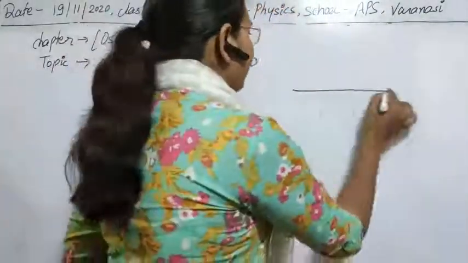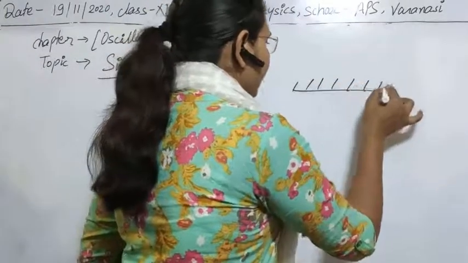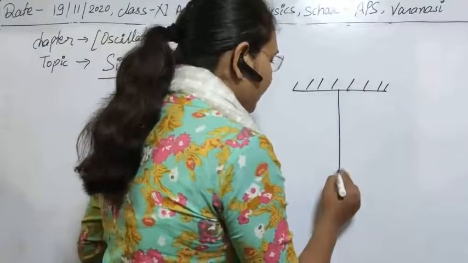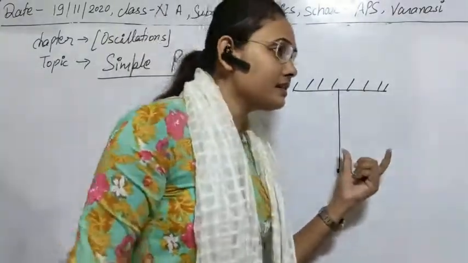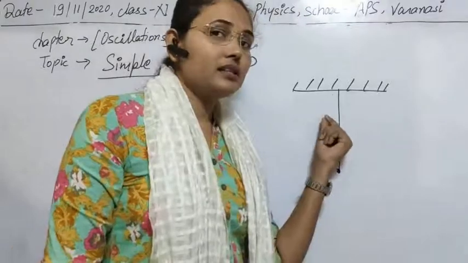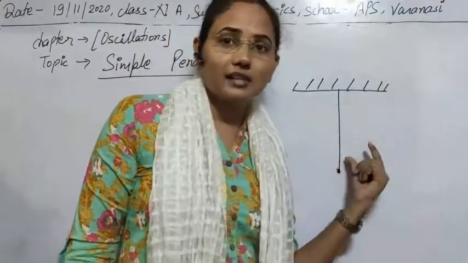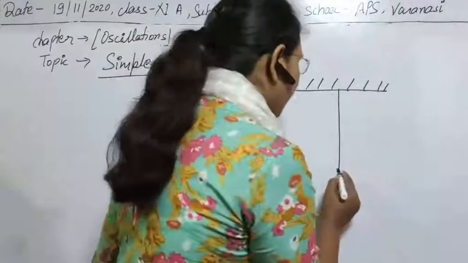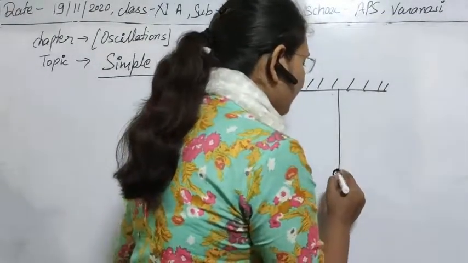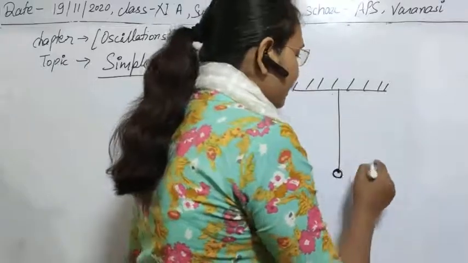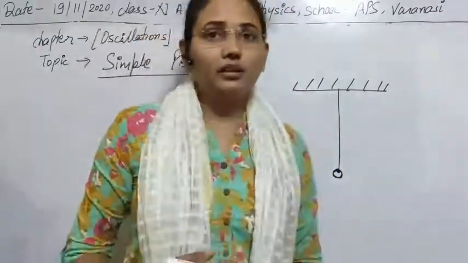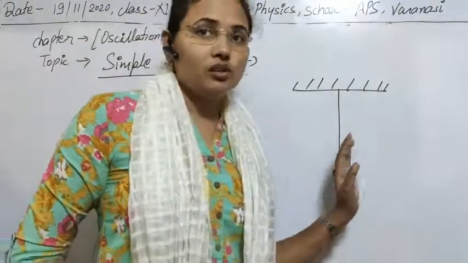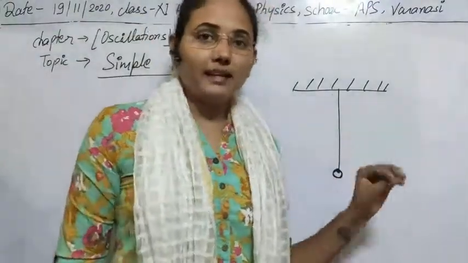Suppose there is a thread attached to a rigid support here, and this thread has the property that it is flexible, weightless and inextensible. If a heavy mass is attached to it and it is free to oscillate, then it will perform simple harmonic motion, and this type of system is known as a simple pendulum. So I think the case of the simple pendulum is clear to you.